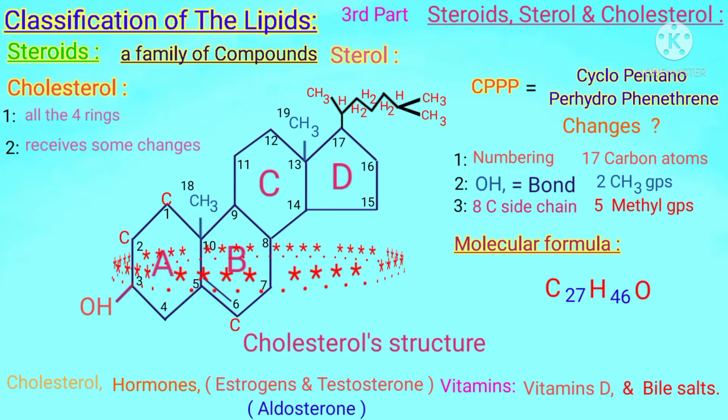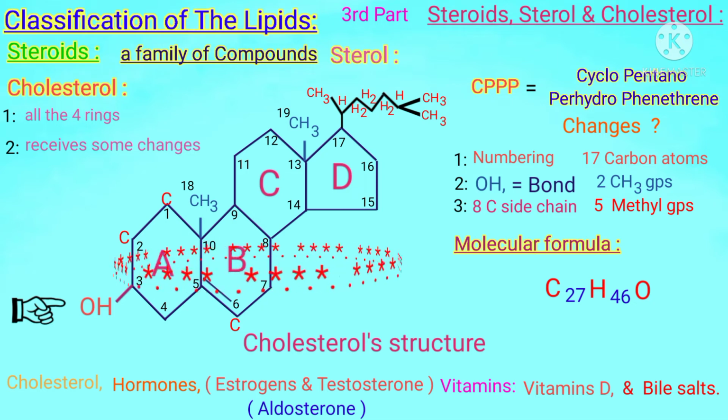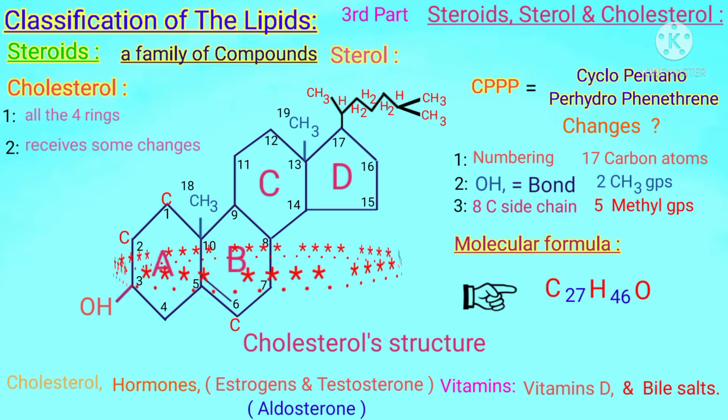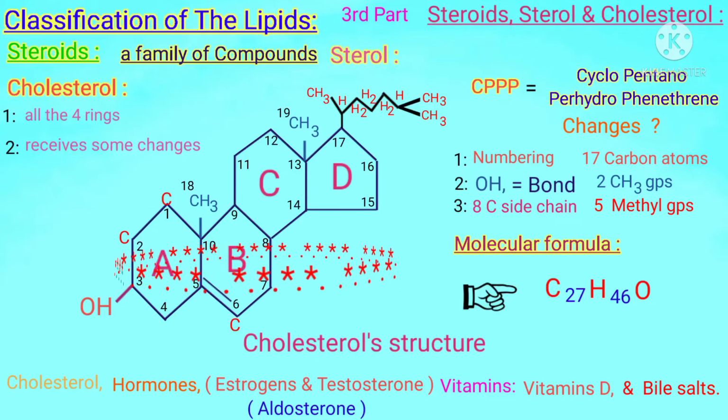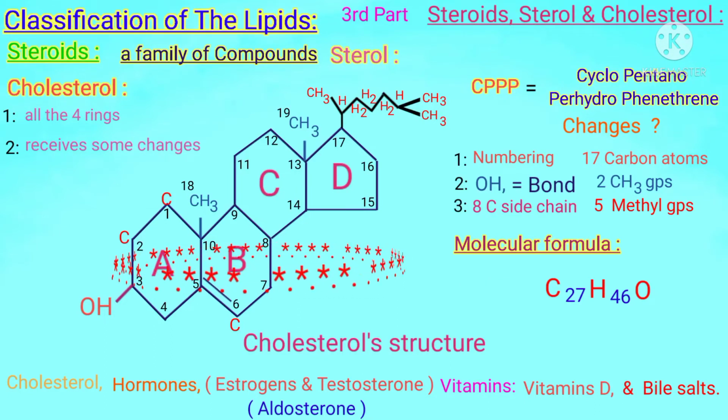This single oxygen is present here. So its molecular formula is C27H46 and only one oxygen. Now students, we have got the structural form of cholesterol.